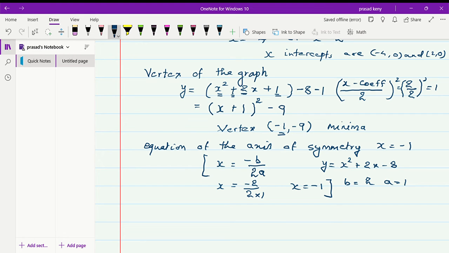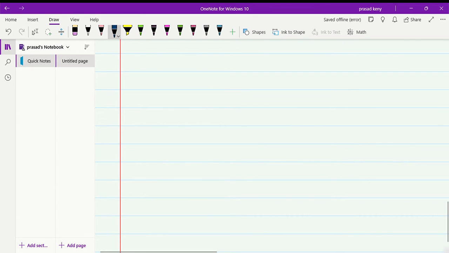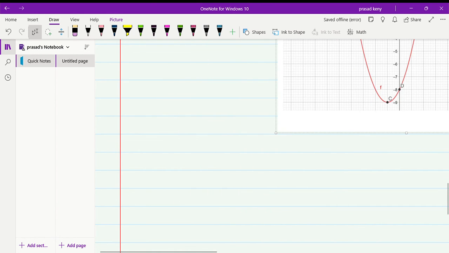So fixing all these points, let us sketch the graph. So the graph here will be, I will just put it on the screen. So as you can see, this is the quadratic graph.